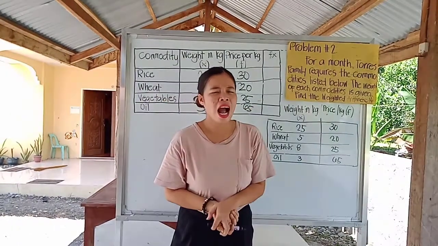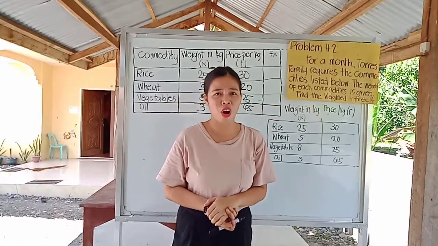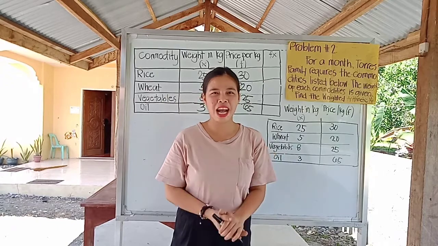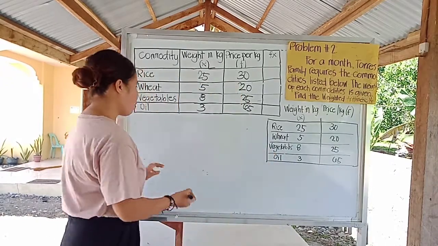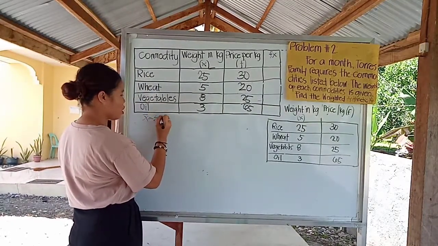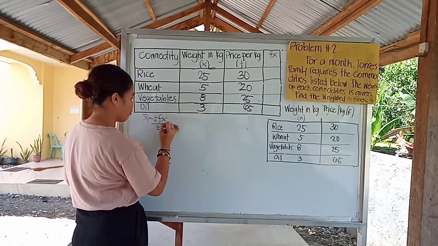So now, how are we going to find the Fx, or the sum of all products? Let's find out. But before that, let's substitute first our formula. So our formula is x equals the summation of Fx divided by the summation of F.